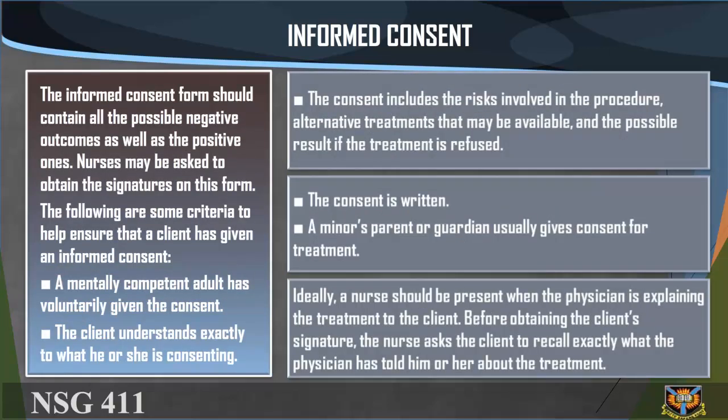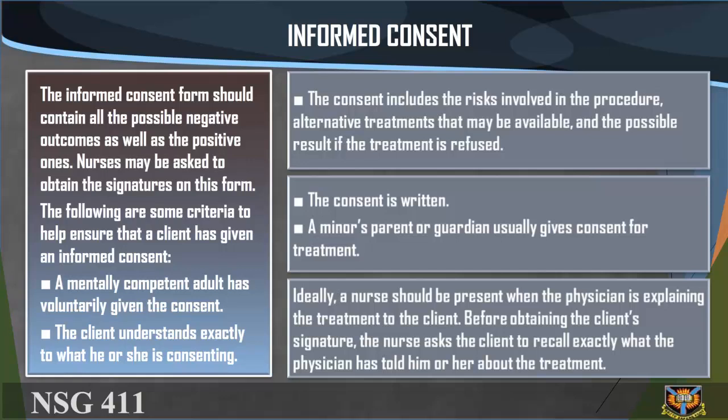The informed consent form should contain all the possible negative outcomes as well as the positive ones. Nurses may be asked to obtain the signatures on this form. The following are some criteria to help ensure that a client has given an informed consent. A mentally competent adult has voluntarily given the consent.